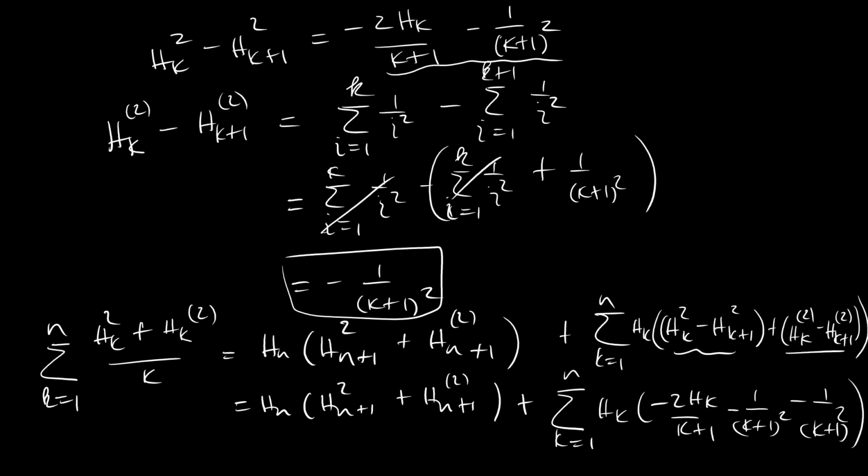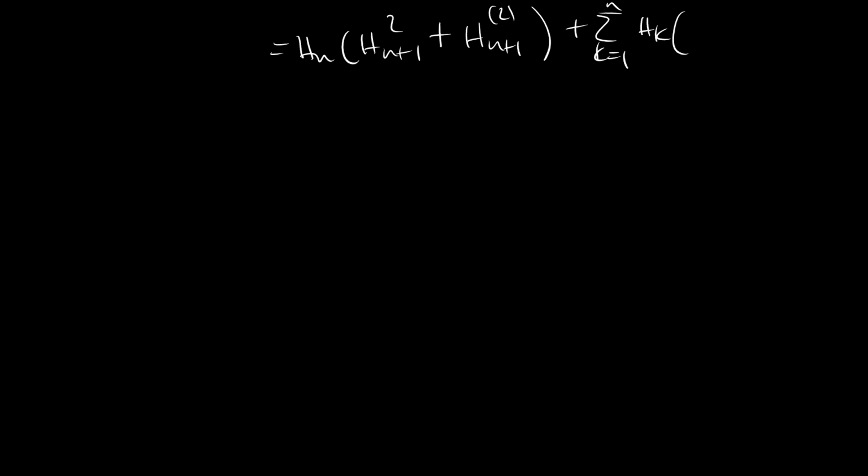Okay, which is equal to hn plus 1 squared, hn plus 1 in the square bracket, plus hk negative 2 hk over k plus 1, and we have 2 over k plus 1 squared.